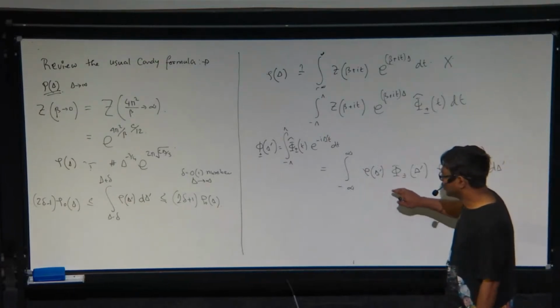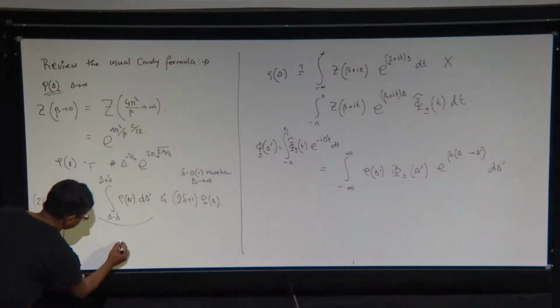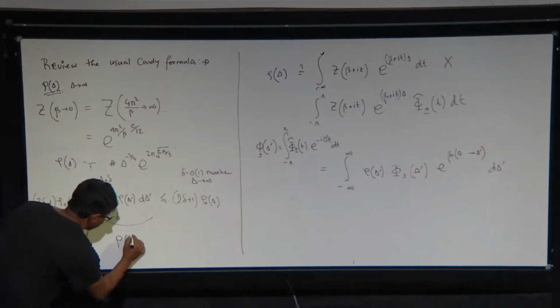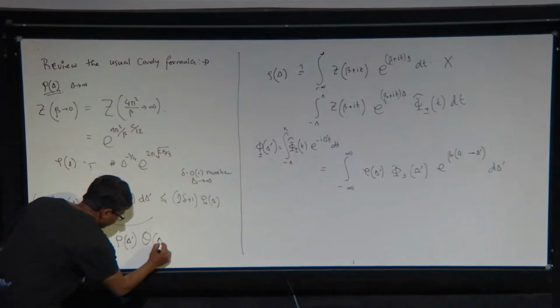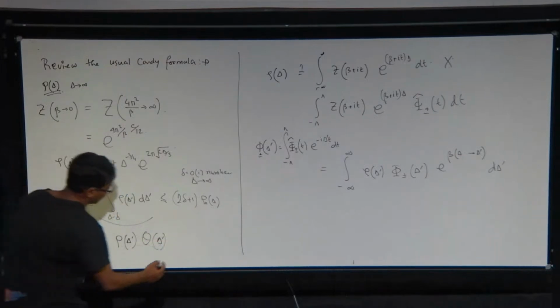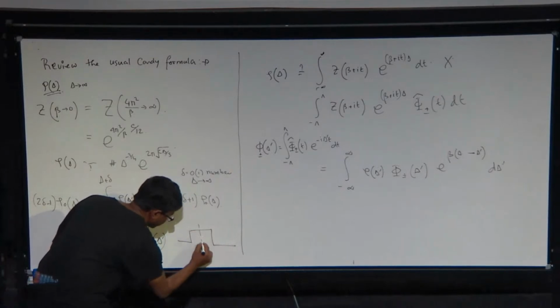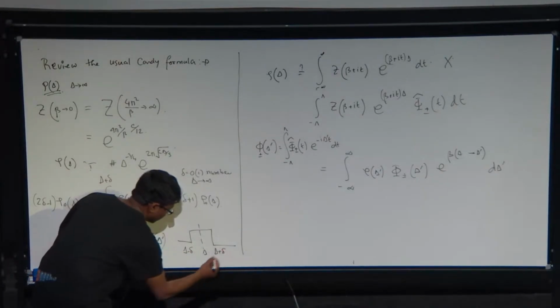But originally we wanted to estimate this integral over here, and this integral is rho of delta prime times the characteristic function of delta prime, where this characteristic function has support only on this interval, which is centered at delta, and like this.